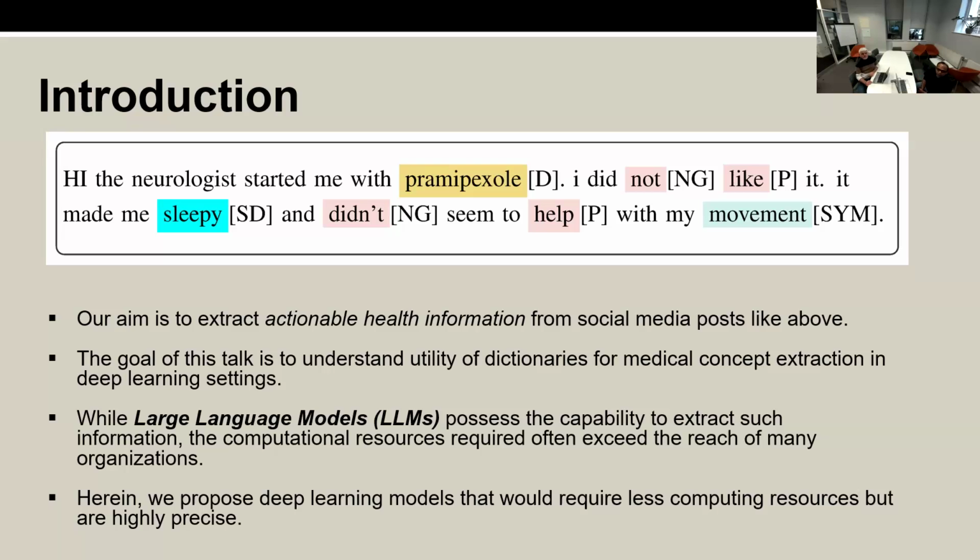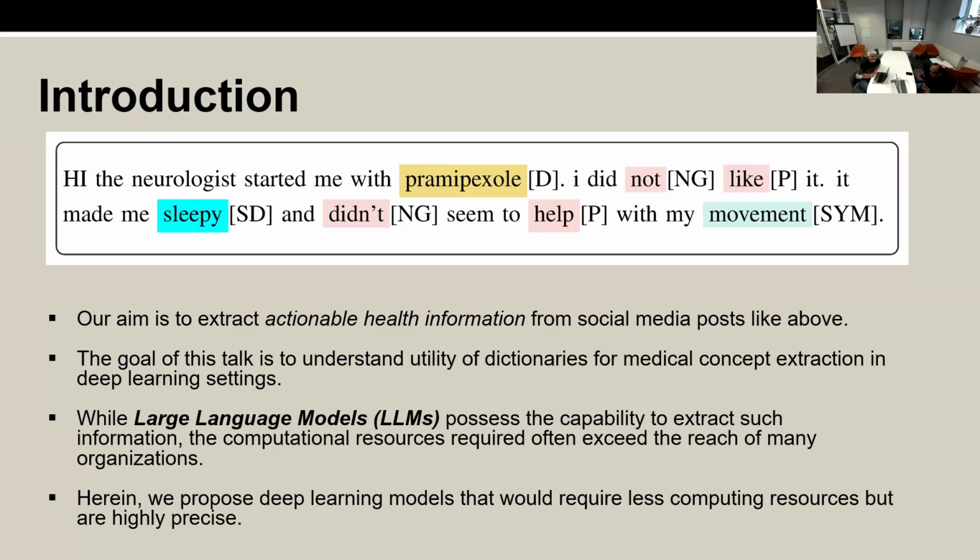Currently, large language models possess the capacity to extract such information without any training data. But the computational resources required often exceed the reach of many organizations. For example, NHS, as you all know, still has to send letters without using email.